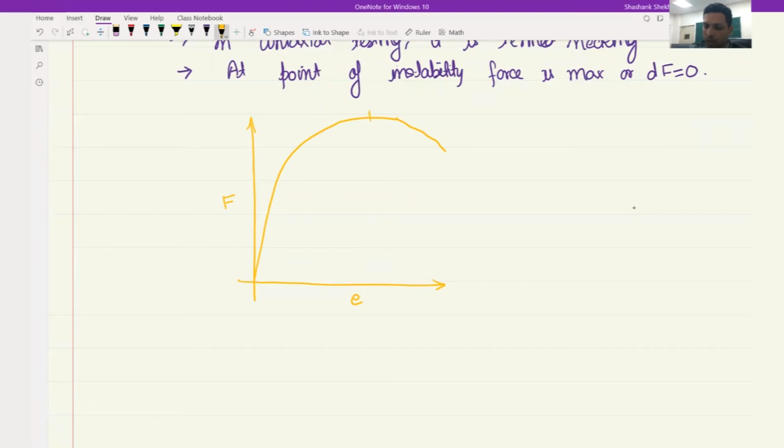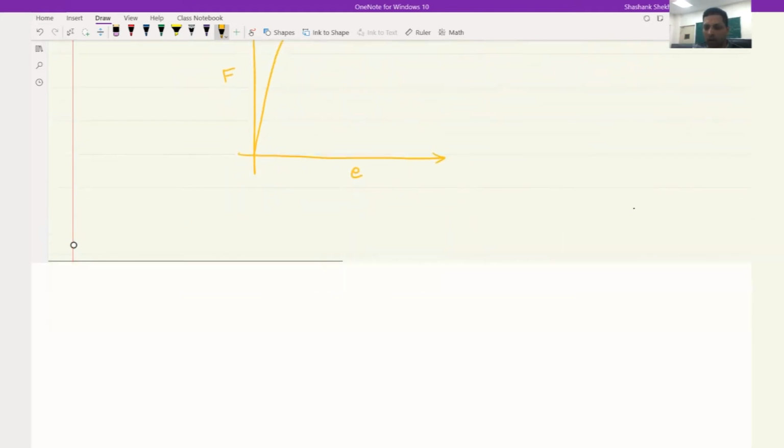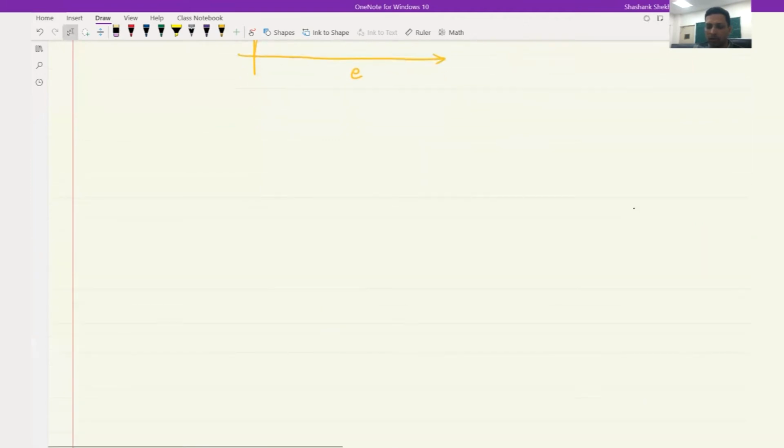It is at this point where dF is equal to 0 that is the point of instability, because even though your overall force is decreasing, elongation keeps on happening. So let's try to understand this with respect to one of the simplest conditions, which is the uniaxial tension condition.